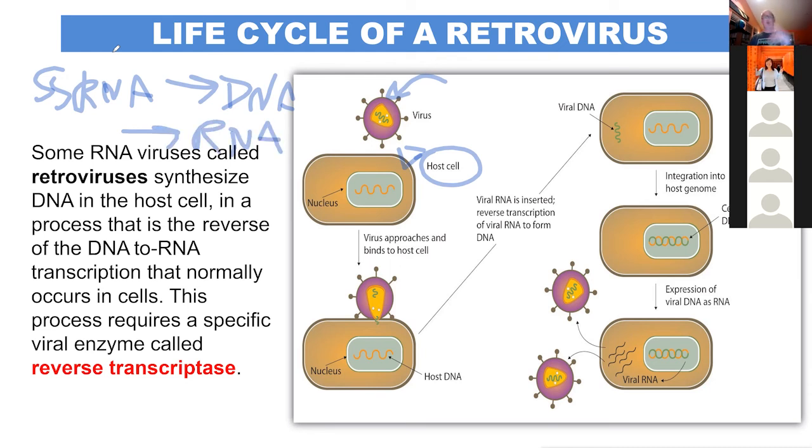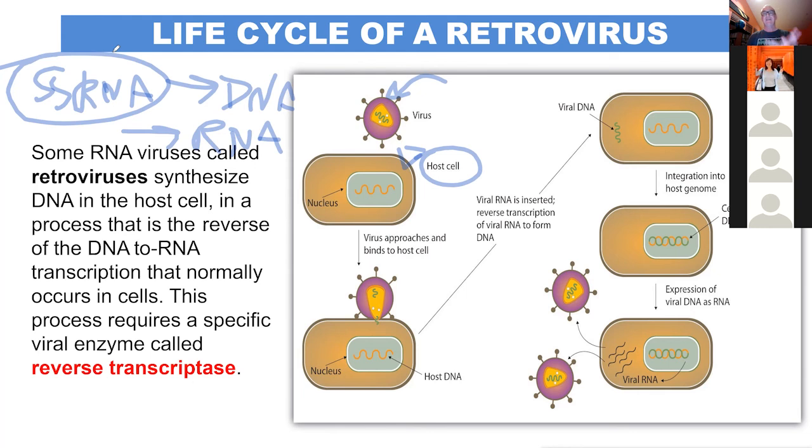Because we don't have an enzyme that takes single-stranded RNA and makes a copy of it. And that wouldn't be of any use to the virus anyway, because it needs this exact same sequence. If we were to make a copy of that, it would be a complementary strand, which is not what the virus wants. So in order for the virus to replicate, it needs that exact sequence.